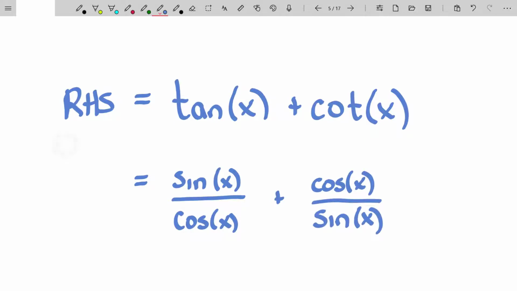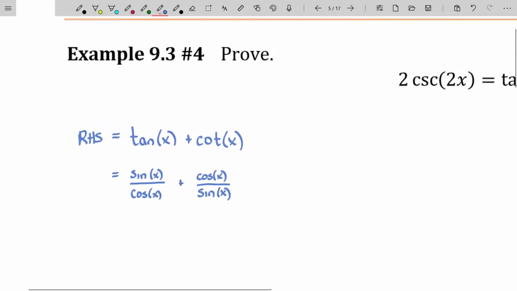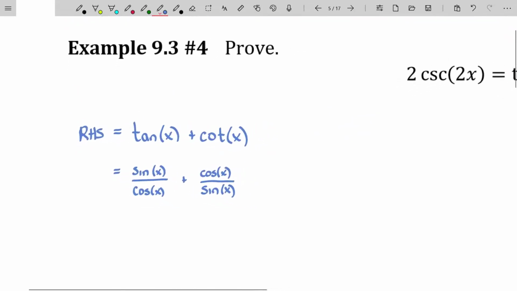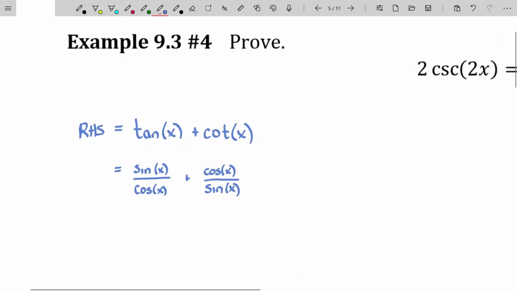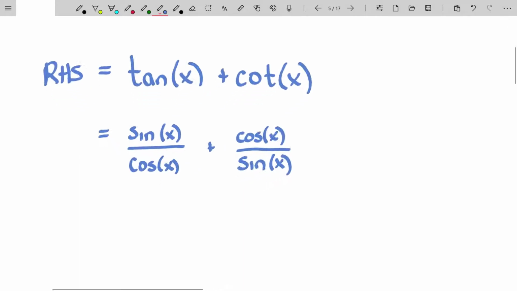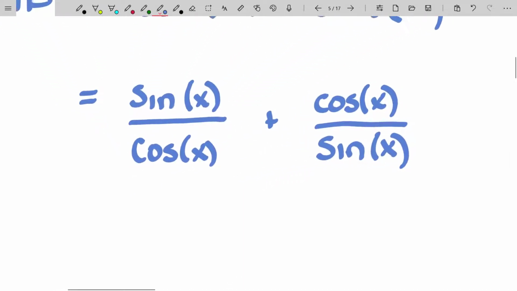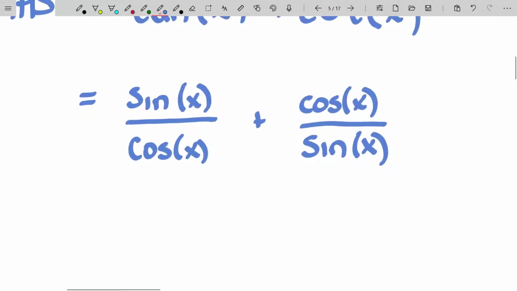Again, I take a look at where I want to go. Well, I want to arrive at the left-hand side, which is a single term. It's just a single 2 times cosecant. So I need to glue these two things together into a single term. That means find the LCD, which is sine times cosine.